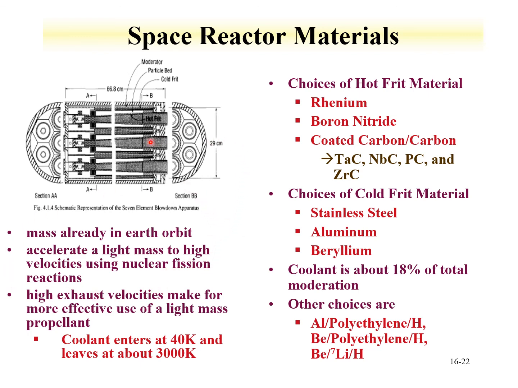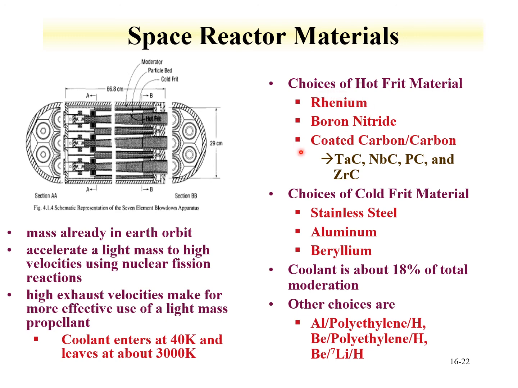The principle operates by accelerating light mass to high velocities using the nuclear fission heat, so that's why hydrogen is chosen. The high exhaust velocities make for more effective use of light mass propellant. The coolant can enter at 40 K and leaves at about 3000 K. There's some frit material that the gas needs to pass through.